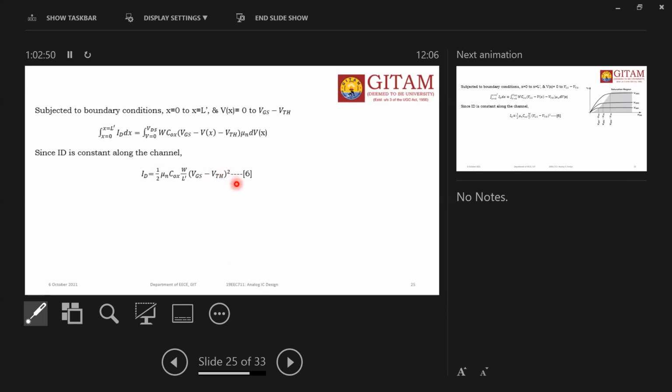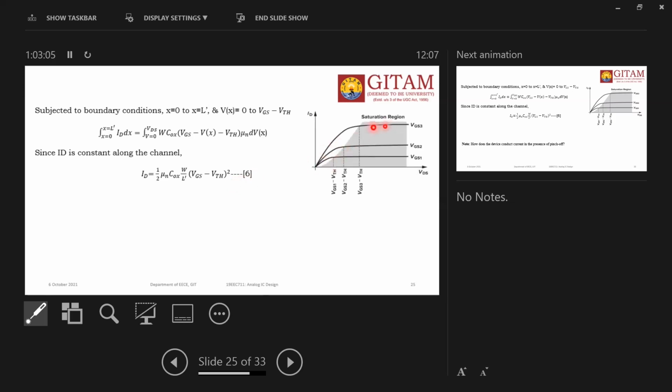No. In the saturation region, the current in the device does not depend on VDS. Up to here, the parabolic region we already studied; after that, in the saturation region, the current is constant.